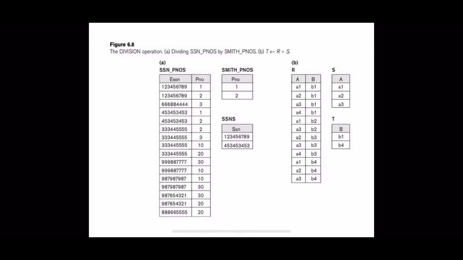Now what are the tuples to be there in the resultant relation? The criterion is that for every tuple in the resulting relation, that attribute should be there in R in combination with every tuple in S. So here the resulting attribute B1 is there in R with every possible tuple in S. That is, B1 is there with A1, B1 is there with A2, and B1 is there with A3.